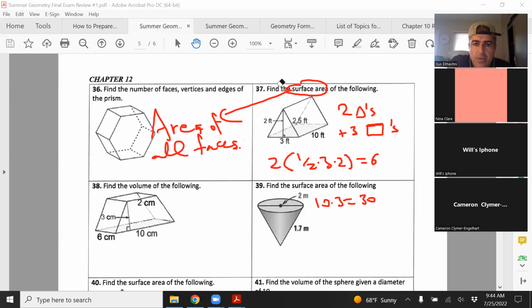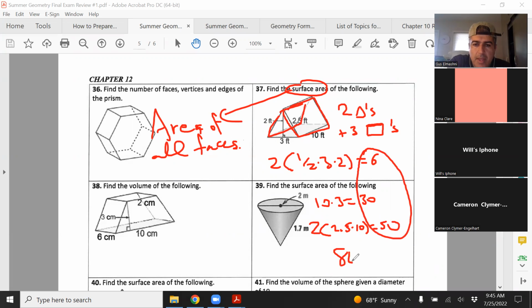And then two of them are going to be 2.5 by 10 feet, like this. And you have the other one right next to it. So you have two of those, which will be 50. Add it all up, you get 86 square feet.